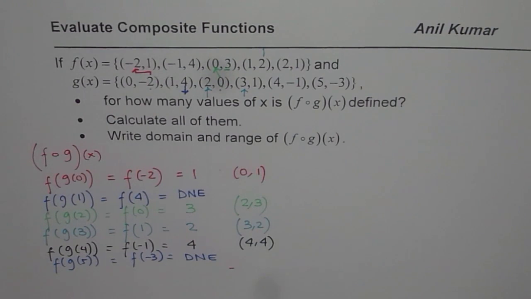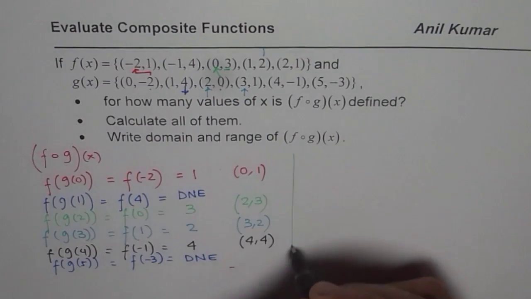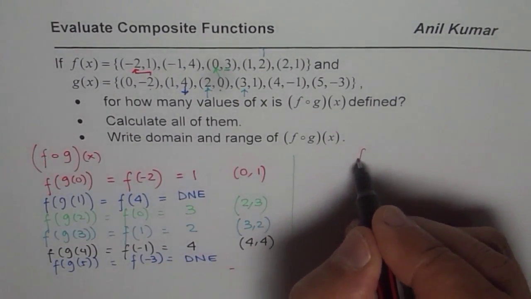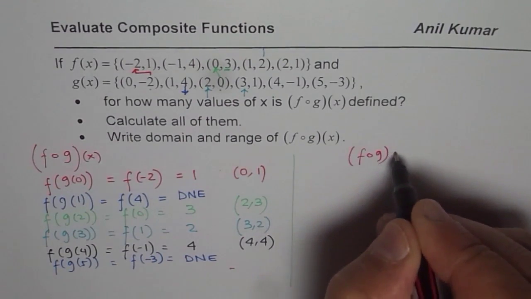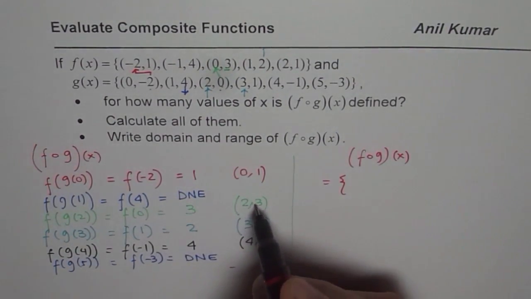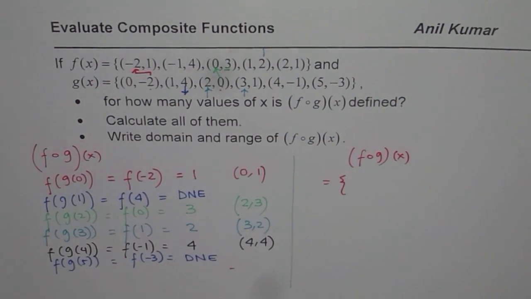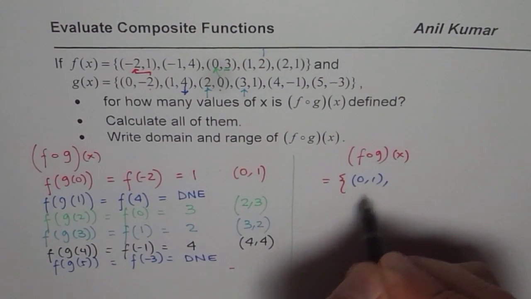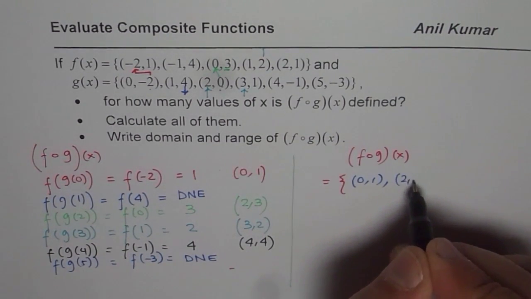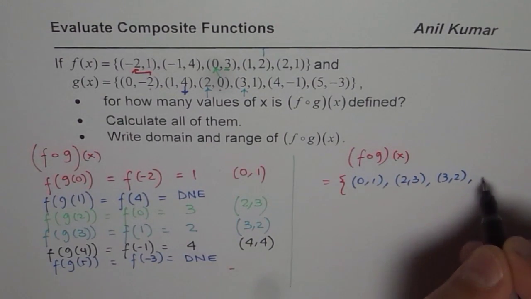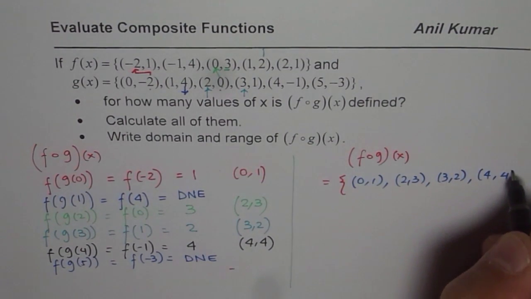So from here, what we find is that f of g of x is actually equal to this set of points. Let me write down these set of points as (0, 1), then (2, 3), then (3, 2), and (4, 4), correct?